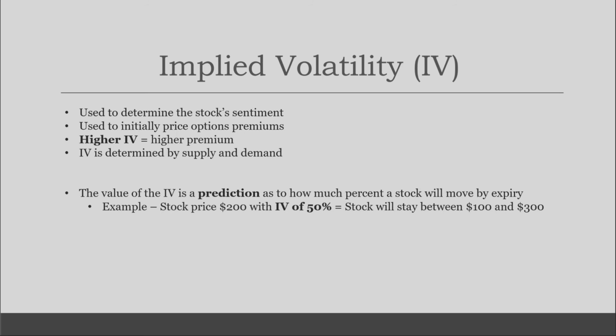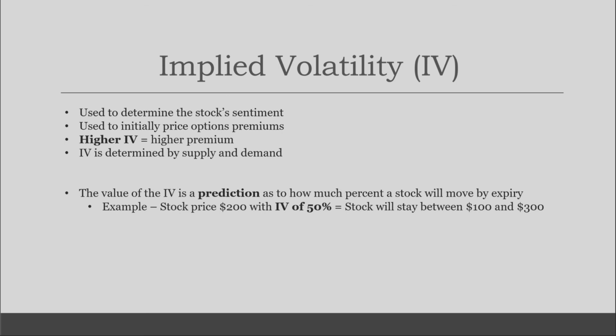But how exactly is the IV value determined? Well, the IV value is determined by the overall supply and demand. The lower the supply and greater the demand, the higher the IV will be. The value of the IV is simply a prediction, and this is important to note down.